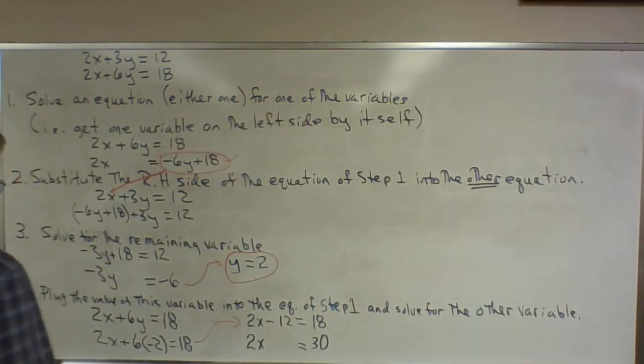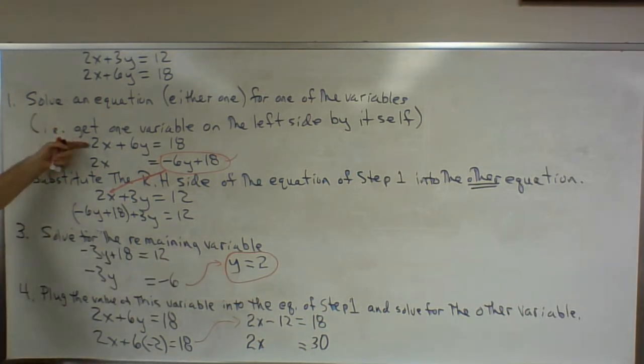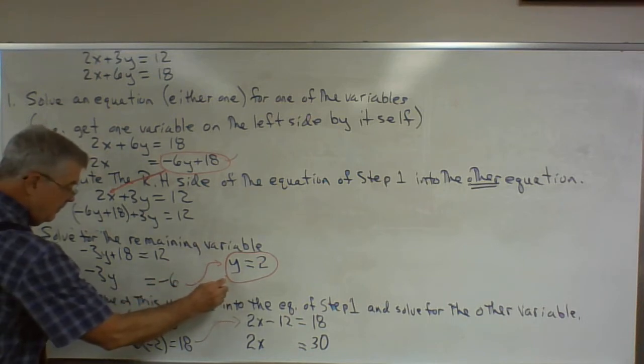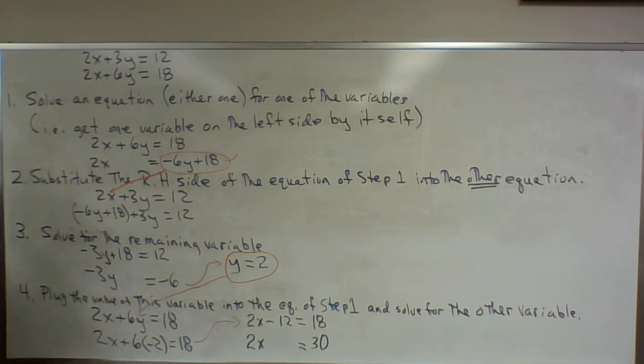And in step 4, I plugged the value of this variable, y equal 2, into the equation of step 1, 2x plus 6y equal 18. Take this value, y equal 2, and plug it into the equation of step 1.